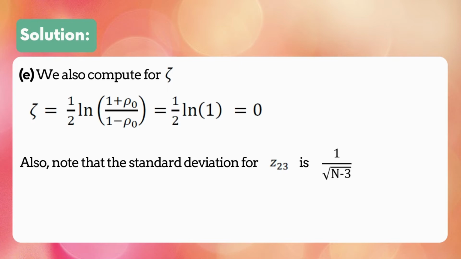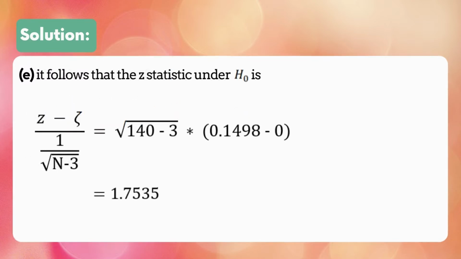We also note that the standard deviation for Z23 is 1 over square root of n minus 3. To compute the Z statistic, we have Z minus zeta divided by 1 over square root of n minus 3. And this is equal to square root of 140 minus 3 times (0.1498 minus 0), which is then equal to 1.7535.